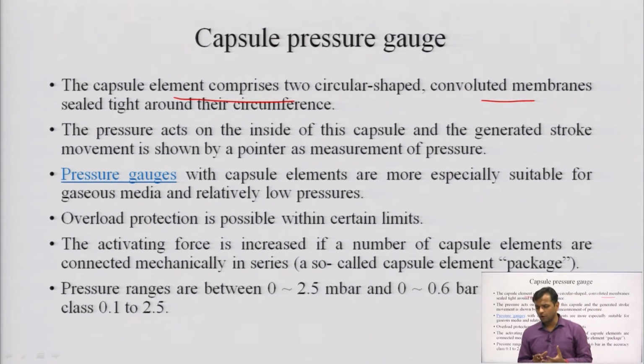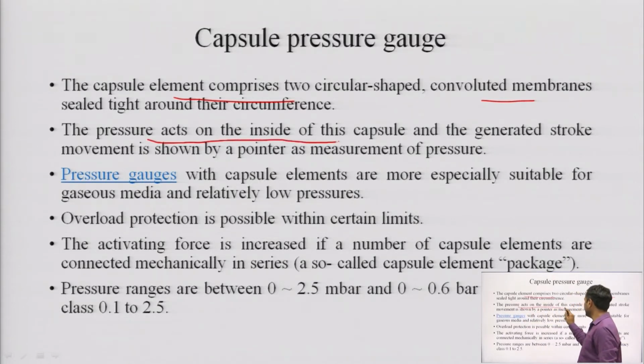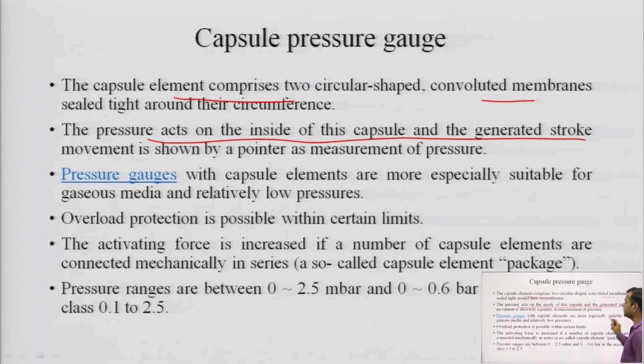Now, when we talk about the construction of the capsule pressure gauge, the capsule element comprises two circular shaped convoluted membranes sealed tight around their circumferences. The pressure acts inside of this capsule, and the generated stroke movement is shown by a pointer as a measurement of pressure.